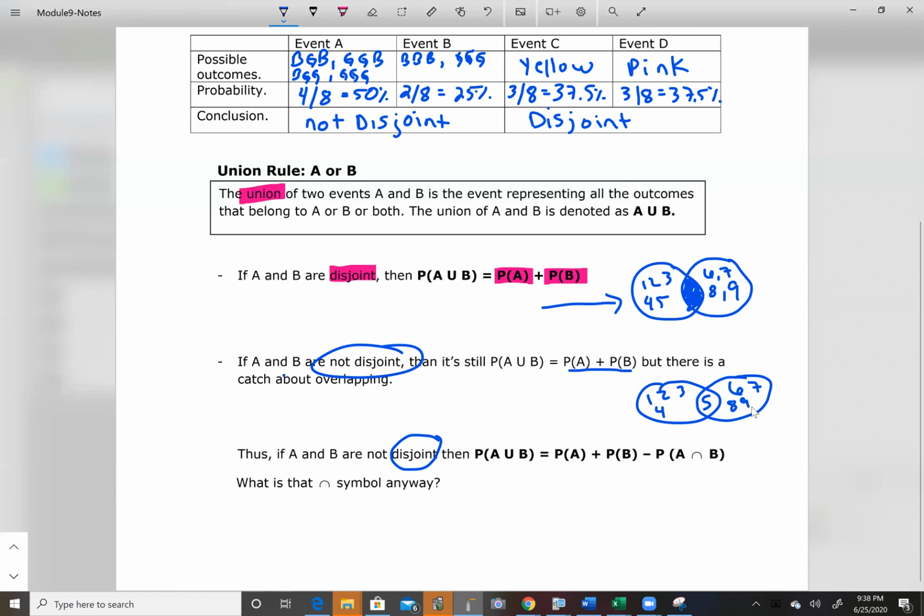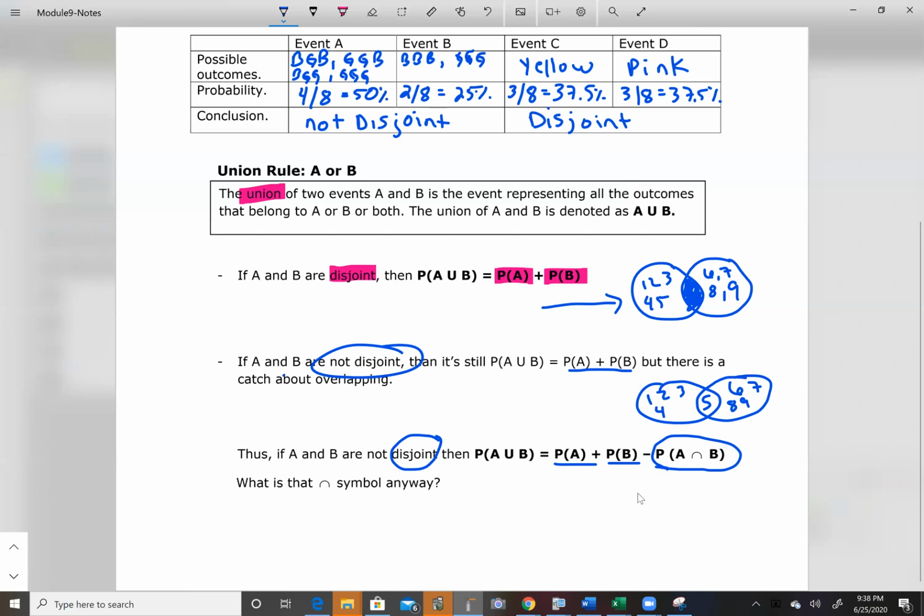So both of the circles have 5 in them. So you want to add these up, but what we have to do is subtract how many are in the middle, or else it would get counted twice. You would count it once for A and once for B, right? So you have to subtract it one time, and that's where that minus P of A and B comes into play.